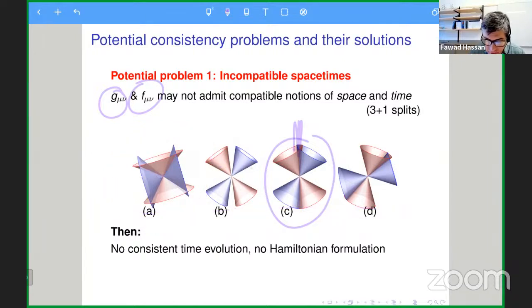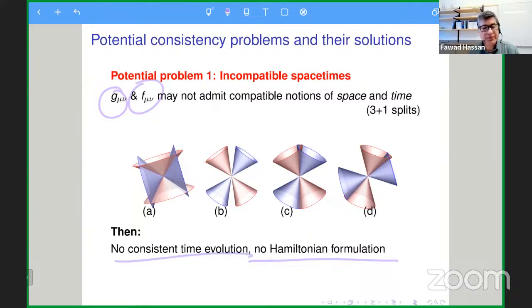And if they are not locked together like this, then the notion of space and time can change as the tilting changes and evolves. So it's not clear if these two metrics have common notions of space and time. And if they don't, then of course a Hamiltonian formulation does not exist. Consistent time evolution cannot be carried out using equations of motion, etc. So then you will be sunk. So this is one major problem that you can have from the beginning.